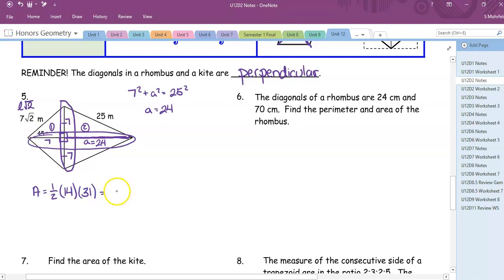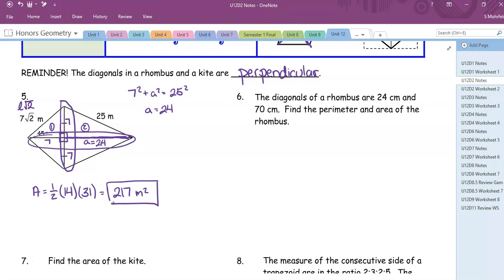Multiply everything together, and I get 217 square meters. So like I said in the video the other day, it's not hard to actually find the area. It's just trying to find all the key components that go into that equation is where the challenge will lie for most of us.